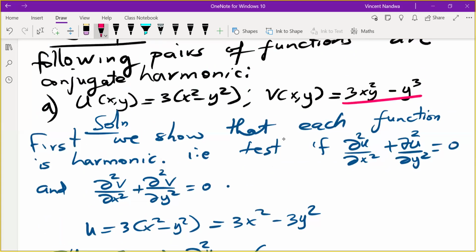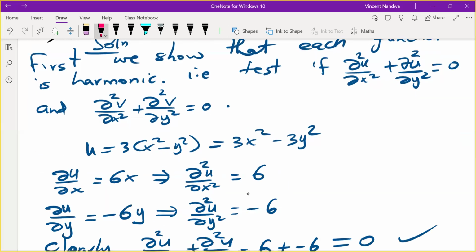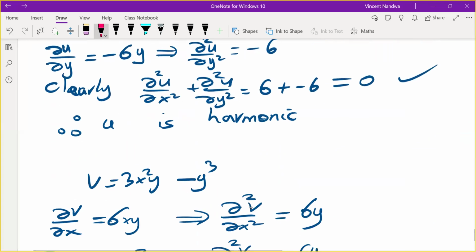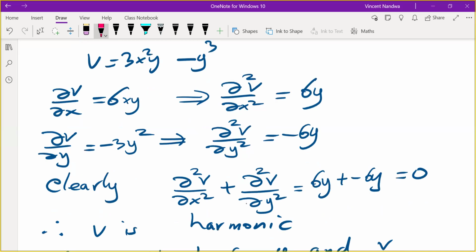Remember the first term also has a y. So it should be 3x squared minus 3y squared. v is given by 3x squared y minus y cubed.